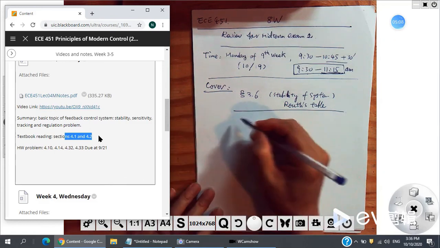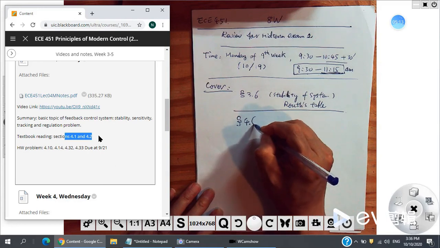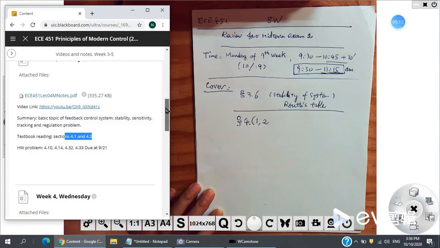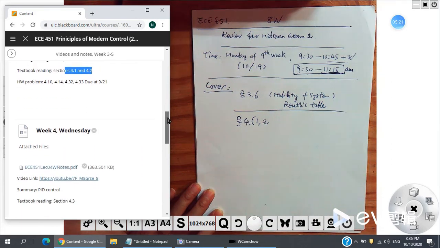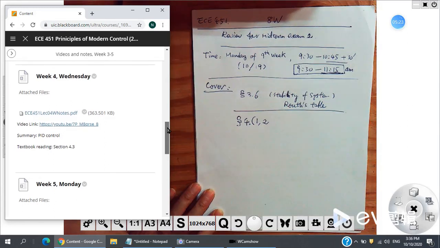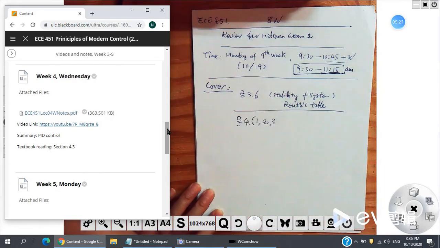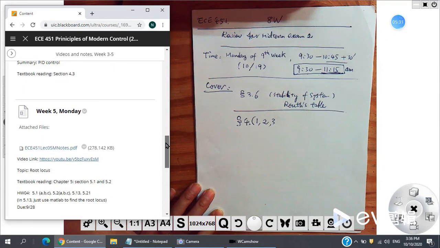So we have sections 4.1, 4.2, right? They all belong to chapter 4. And then we check the next one. There is 4.3. I think almost all of chapter 4. Okay, only 4.3. Anyway, I put it here.